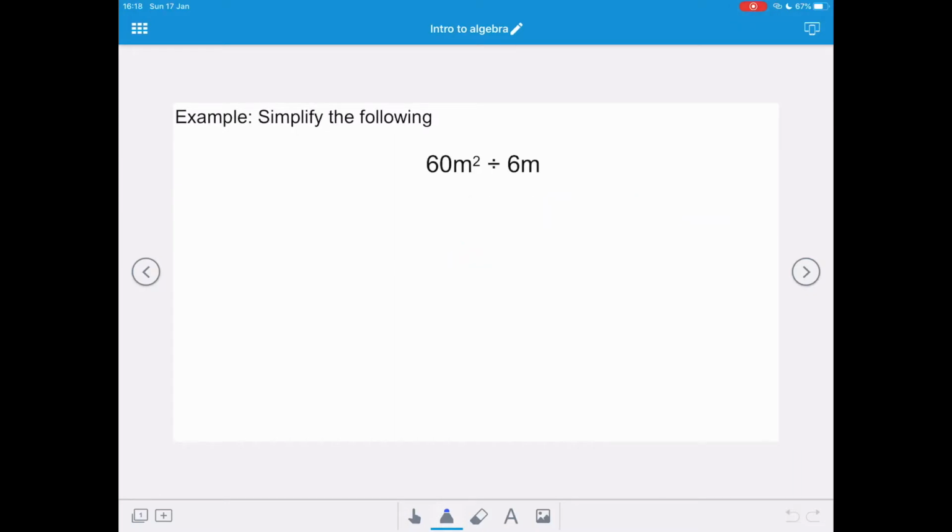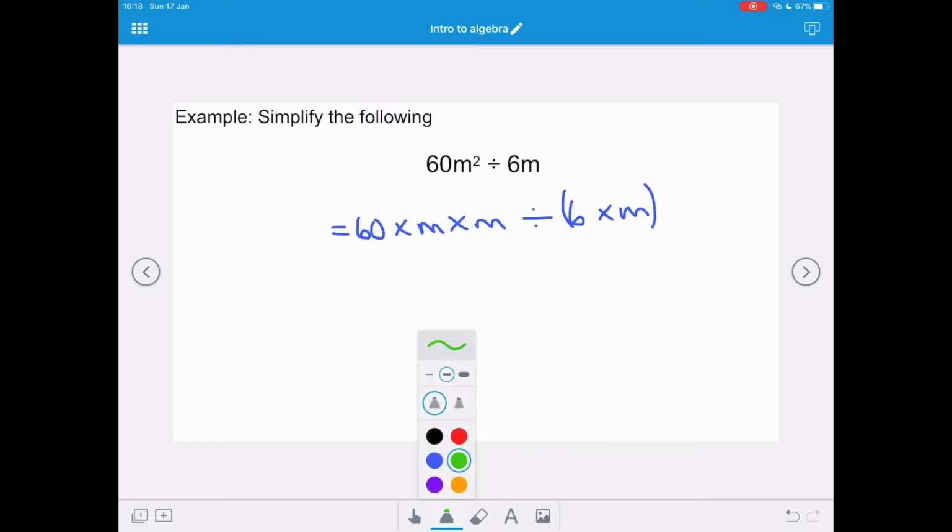In this example, we want to simplify 60m squared divided by 6m. So let's expand that m squared to 60 times m, and we're going to divide that by 6 times m. So we need to simplify the letters first. So we've got a common m, so we can cancel that out.